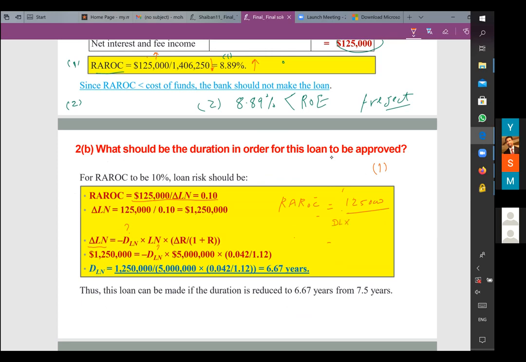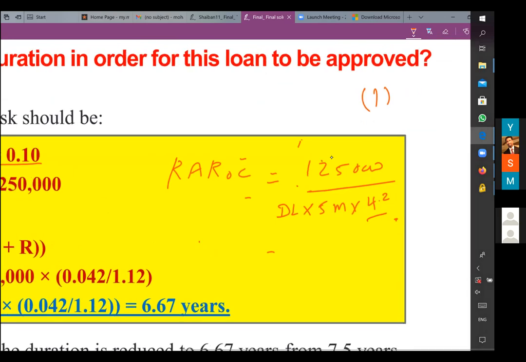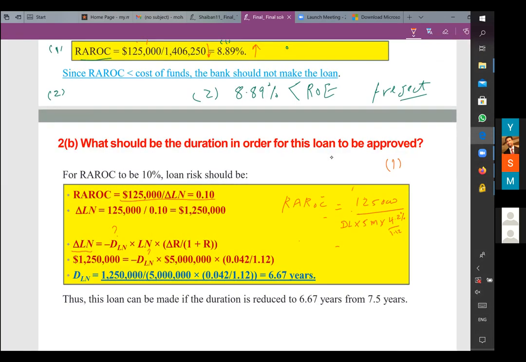I will solve for it. And then I have the 5 million as it is, and then I have the 4.2 over 1 plus 12. Okay. And in this case, I can solve for the duration, and the duration shows to be 6.67 years.